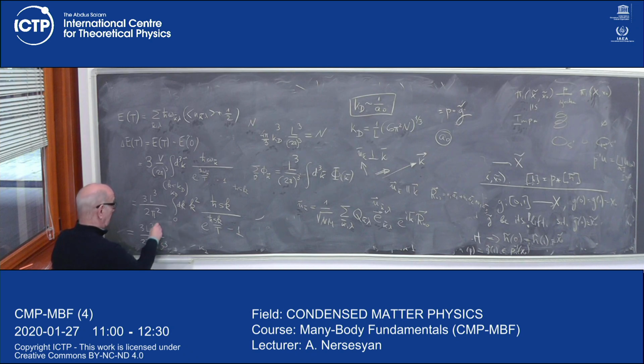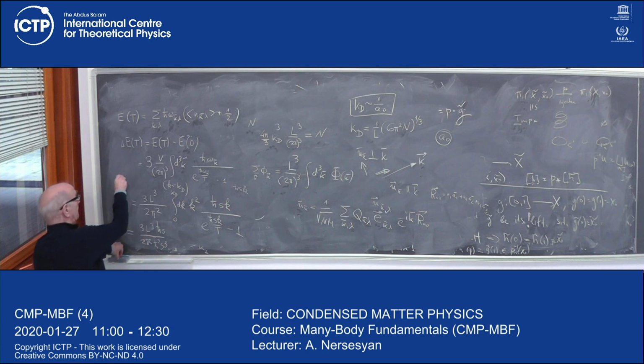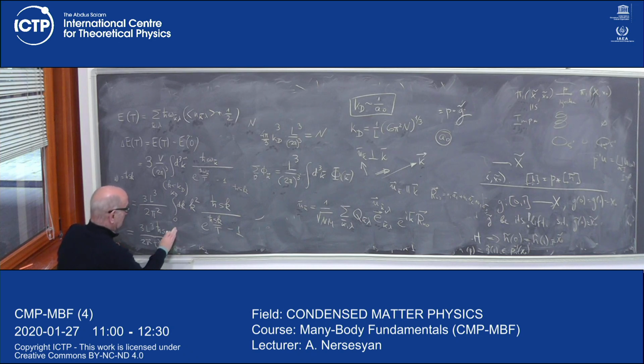This is coming from here, and 1 linear from here, as far as I can see. I've introduced the epsilon, which is h s k, or simply omega, if you wish. Then I have from zero to the upper limit, h s k d, d omega times omega squared once and one more, third, and the exponent of omega divided by t, minus 1.